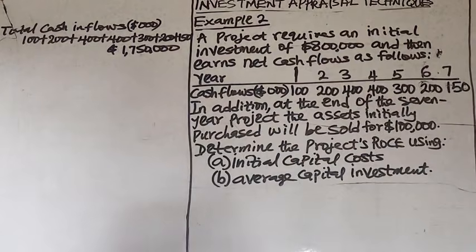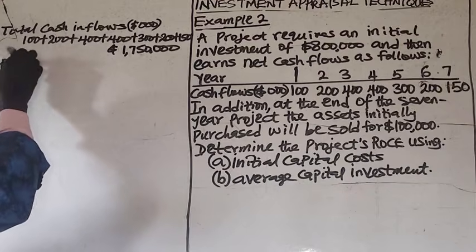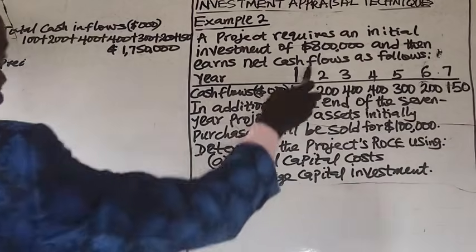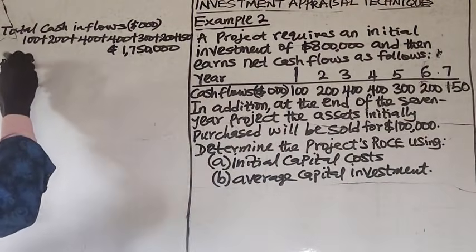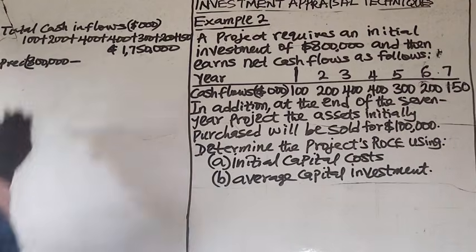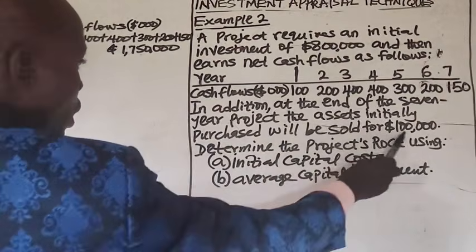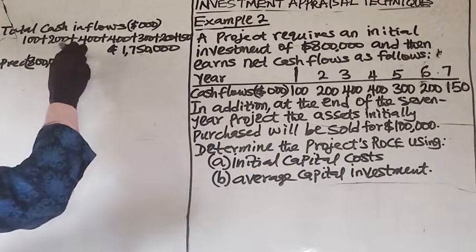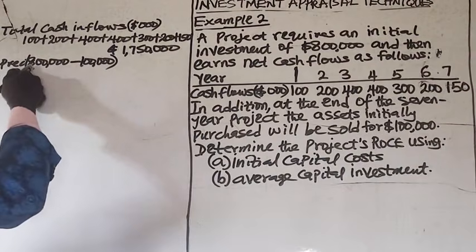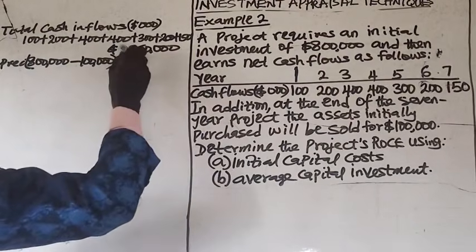So from this, you less depreciation. And depreciation is cost, which is 800,000, minus scrap value, and the scrap value is 100,000. If you subtract 100,000 from this, you have 700,000.